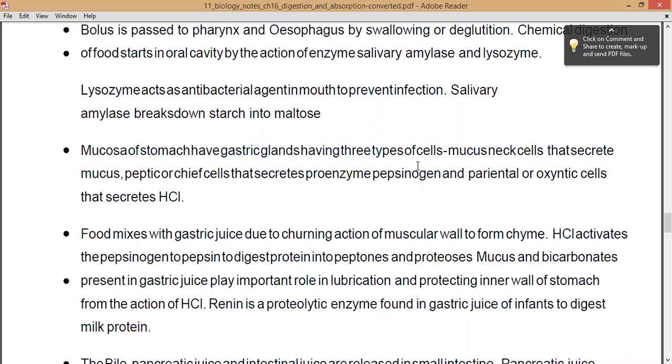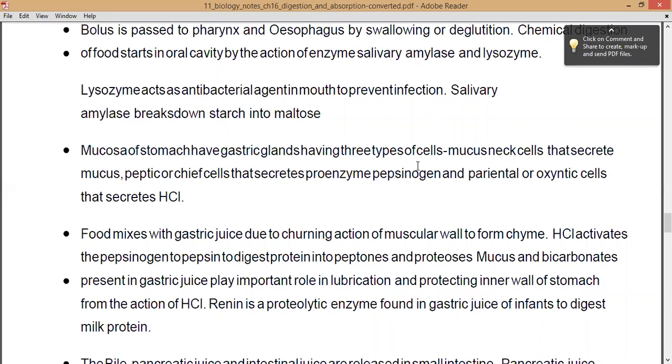So the HCl is responsible for activating the pepsinogen enzyme to its active form, pepsin.